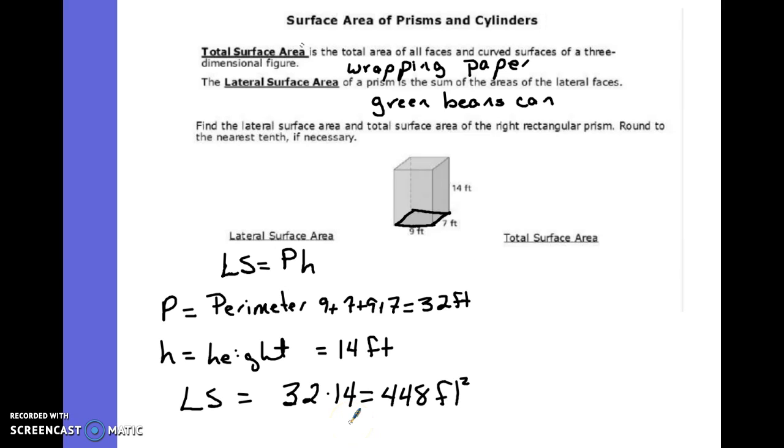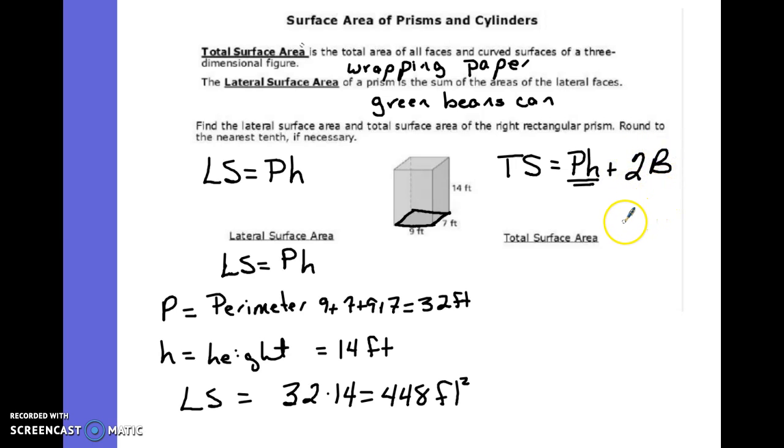Now what about the total surface area? Lateral surface area is the perimeter times the height. Total surface area is the perimeter times the height, so that's the part we just figured out, plus 2B.